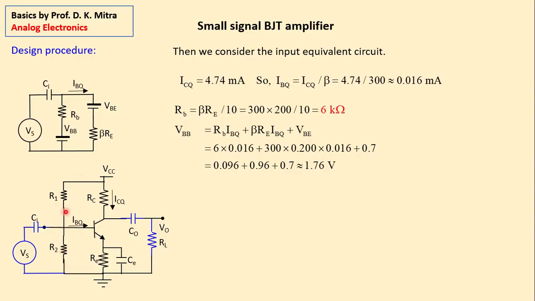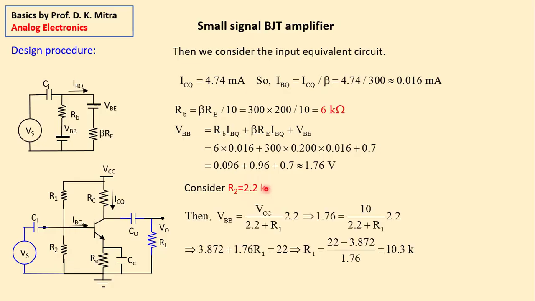So anyway, here you have a liberty to choose R1 or any one of them, and the second one will come out of calculation. Say I am going to choose R2. I choose R2 equal to 2.2K. 2.2K is a standard value. If I take R2 equal to 2.2K, then VBB is equal to VCC divided by 2.2K plus R1, multiplied by 2.2K.